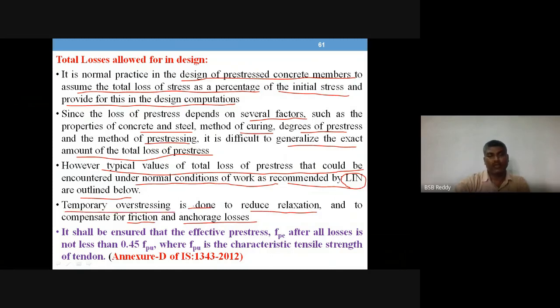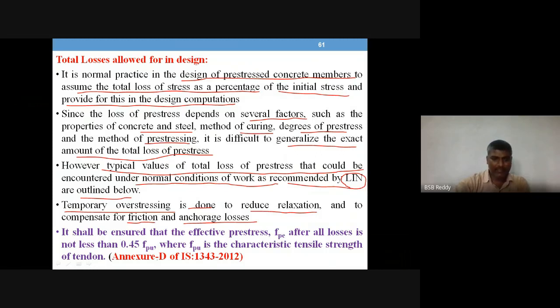For example, instead of jacking the tendon to 1000 megapascal, just go for a little bit higher value of stress, overstressing. Then that will reduce the relaxation loss and frictional and anchorage slip losses.